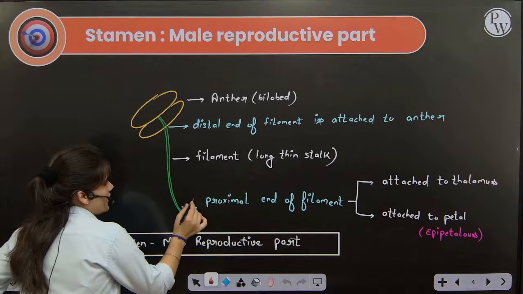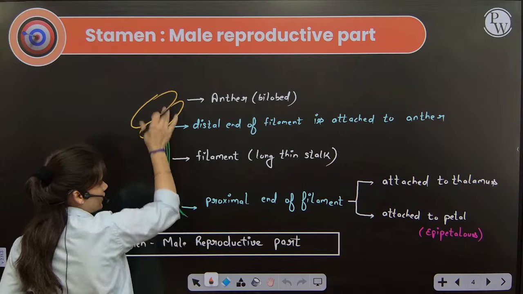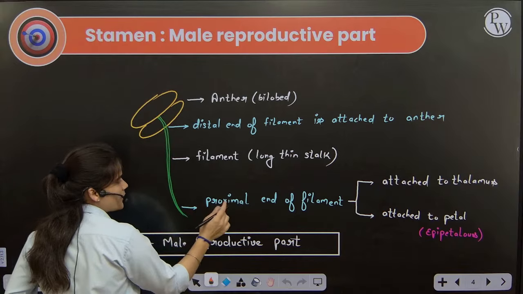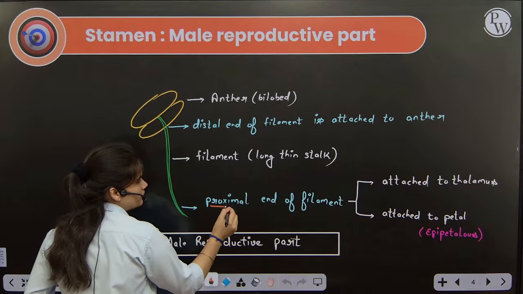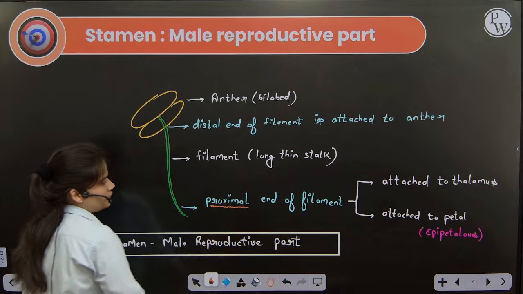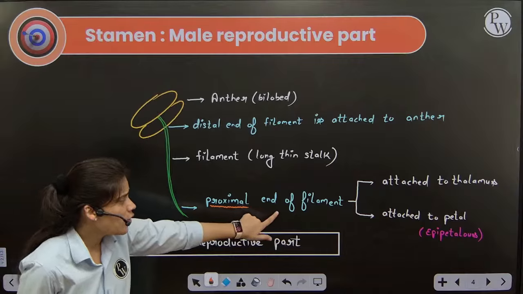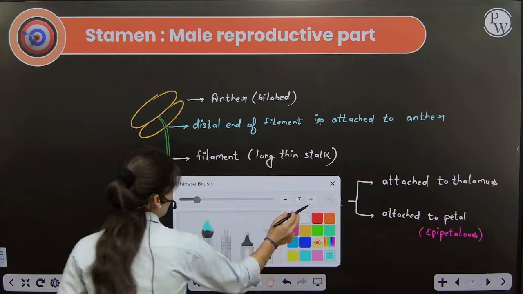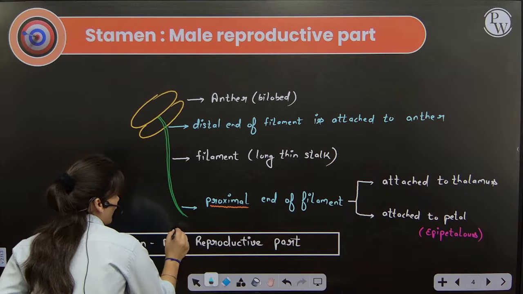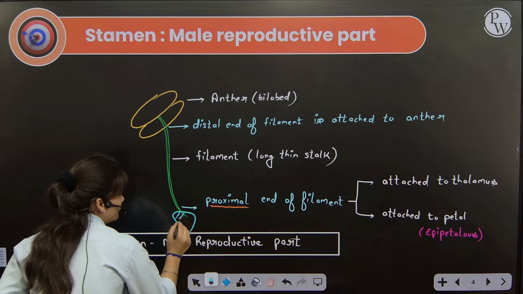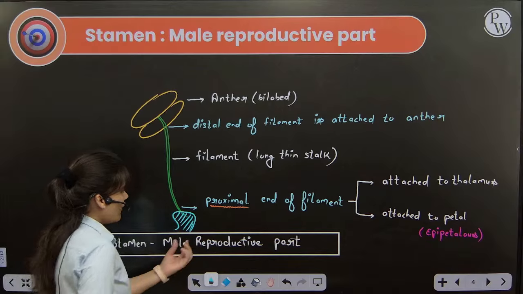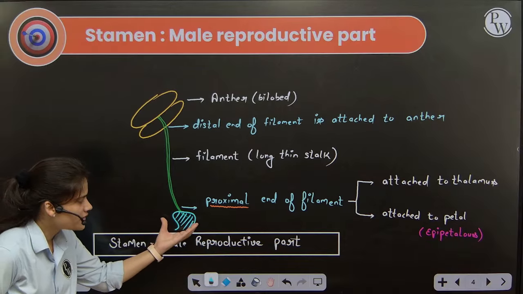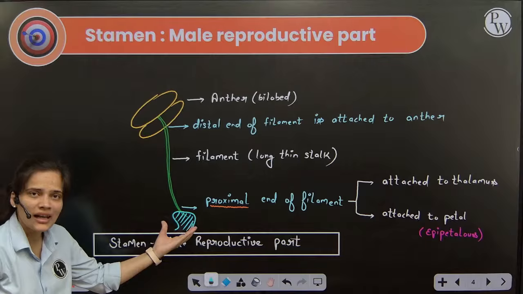Now, this end of filament is known as proximal end. Proximal end of that filament is attached to what? As we discussed, above pedicel there is a swollen structure that is known as thalamus.